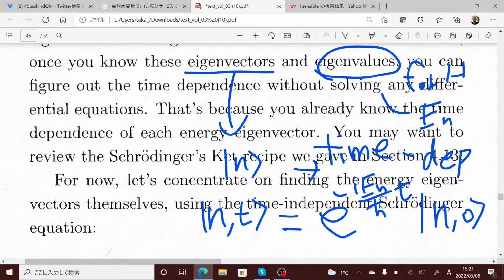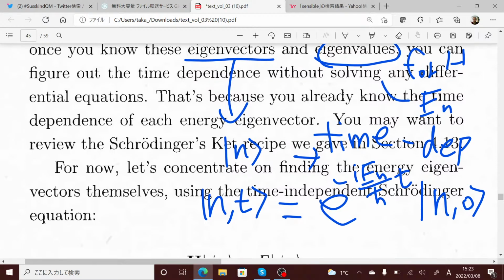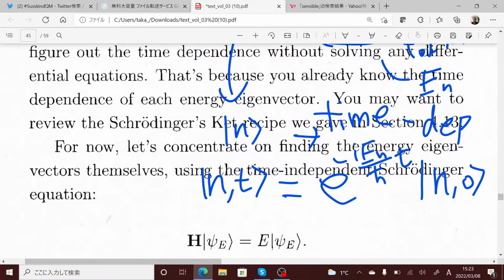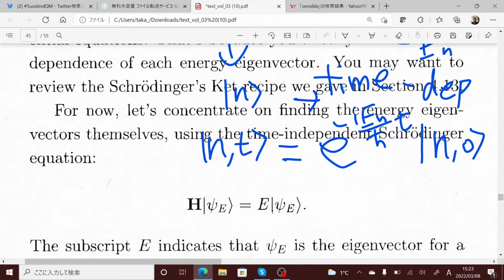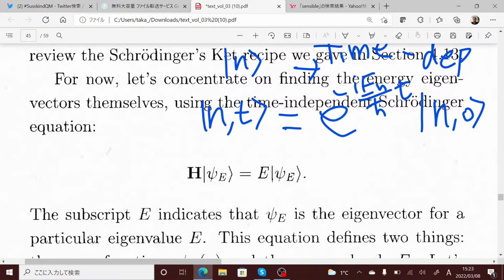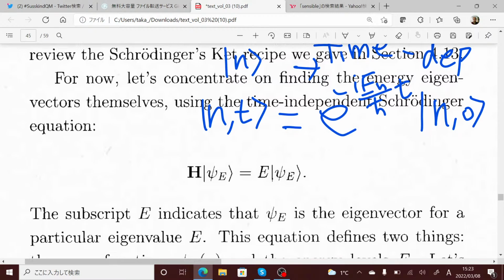You may want to review the Schrödinger's cat recipe we gave in section 4.13. For now, let's concentrate on finding the energy eigenvalues themselves using the time-independent Schrödinger equation, H psi_E equals E psi_E.